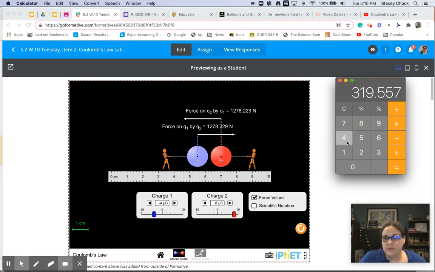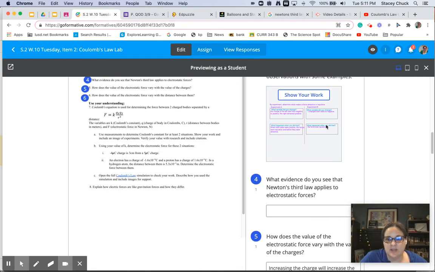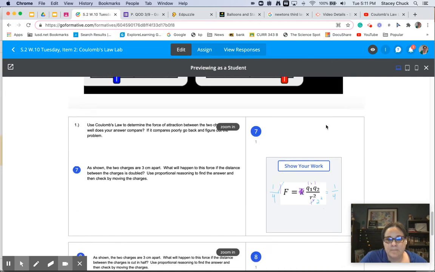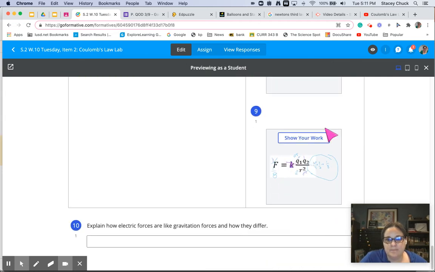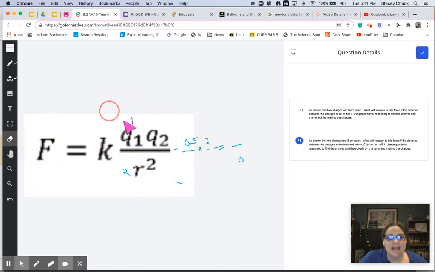So times 4, ding, ding, ding, correct answer. 1,278,228, perfect. So we just proved it using the simulation. We proved our estimation.